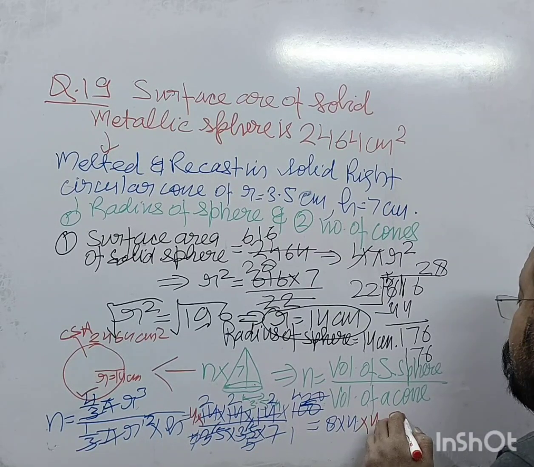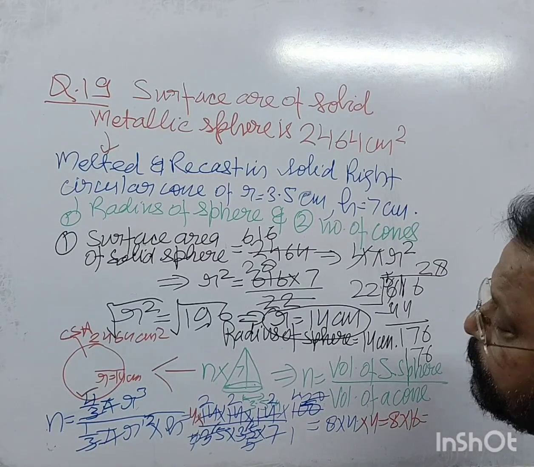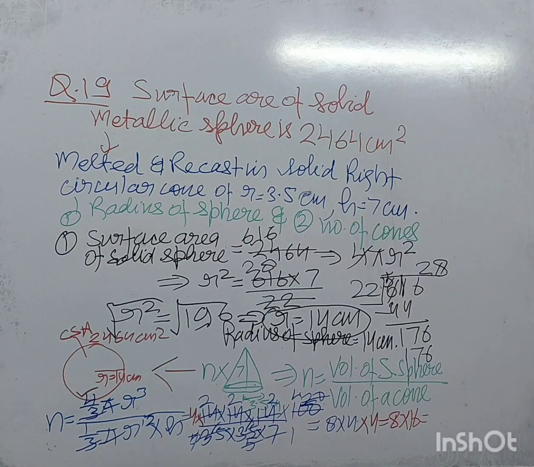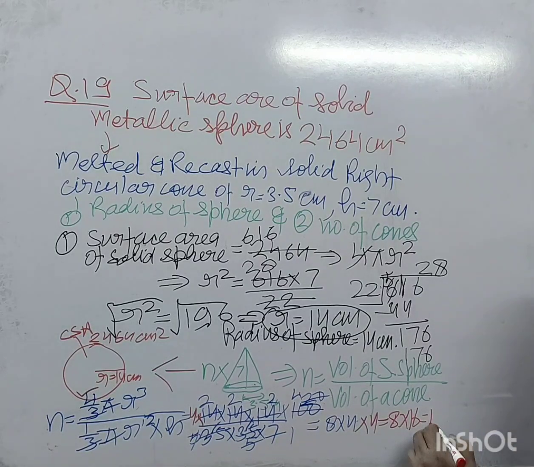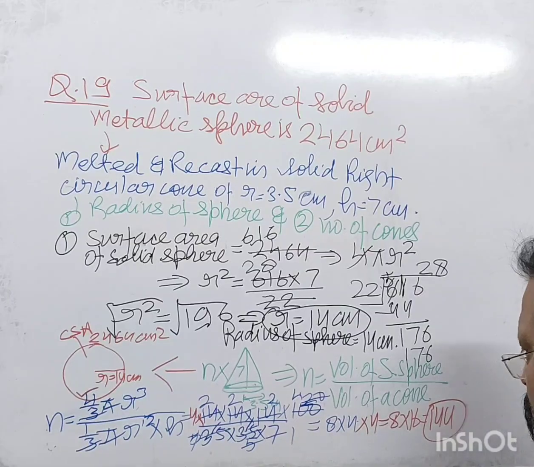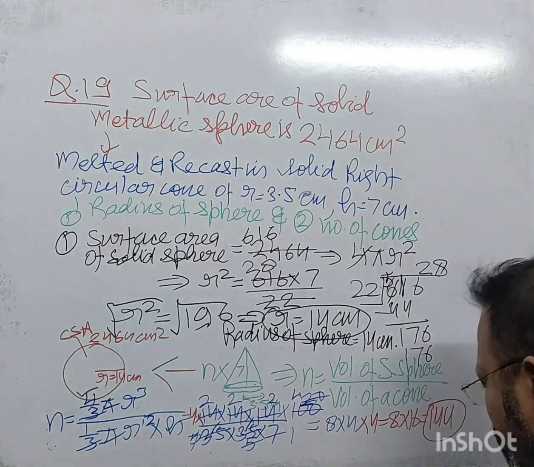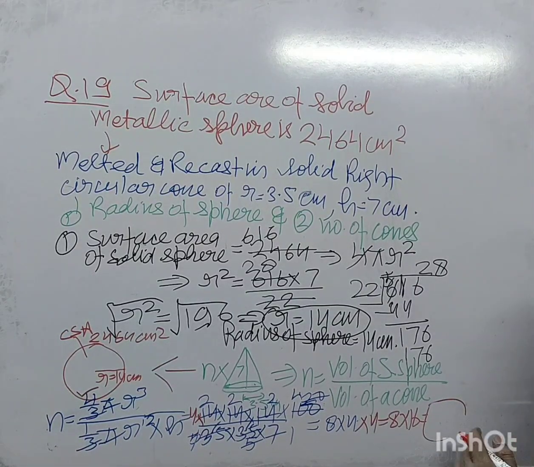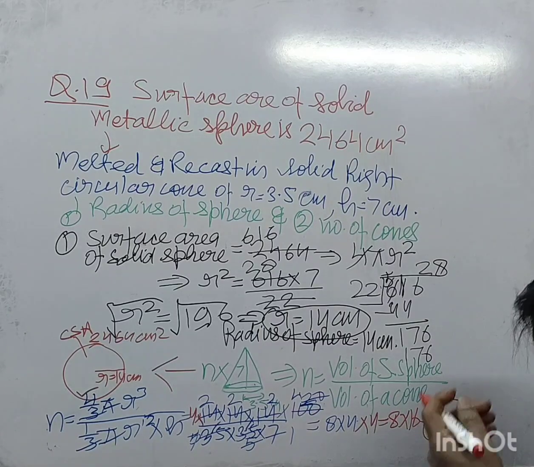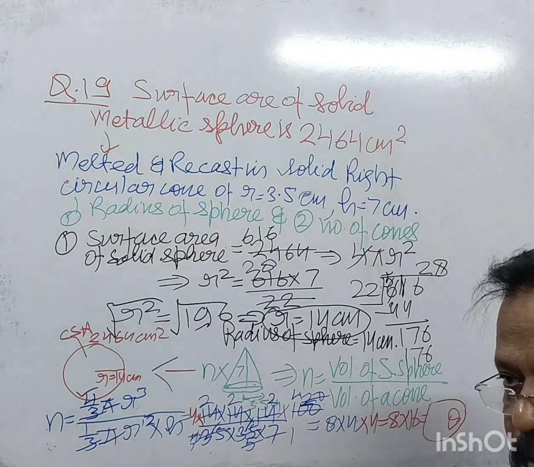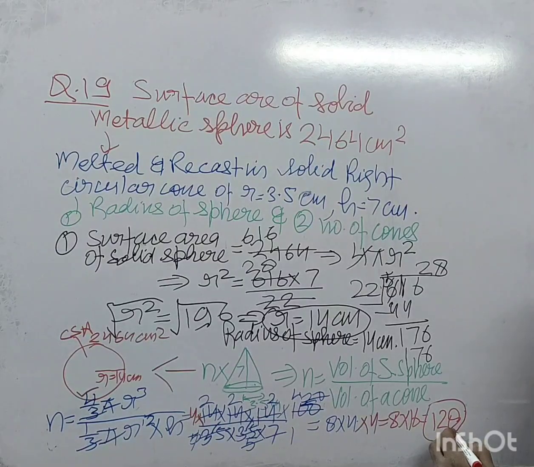So 8 into 16. Sorry, calculation mistake. 8 times 16: 6 times 8 becomes 48, you get 4, 1 time 8 becomes 8 plus 4 becomes 12. So 128.